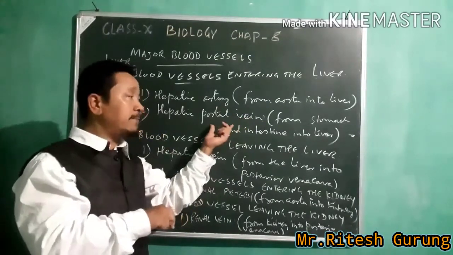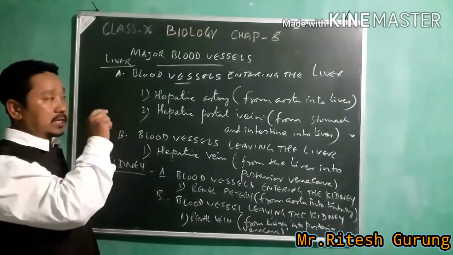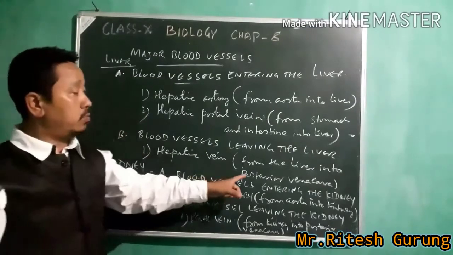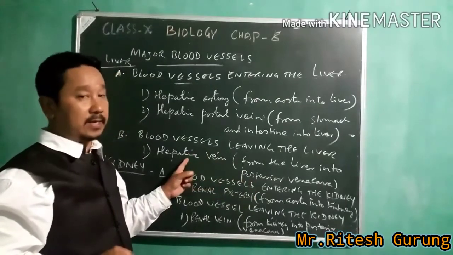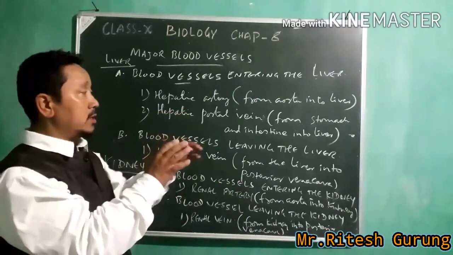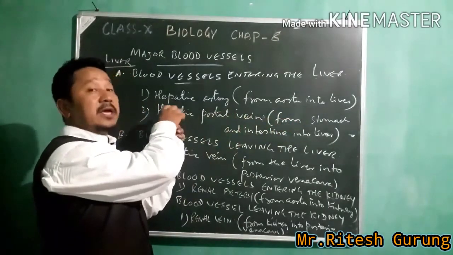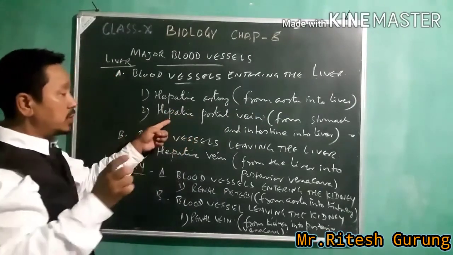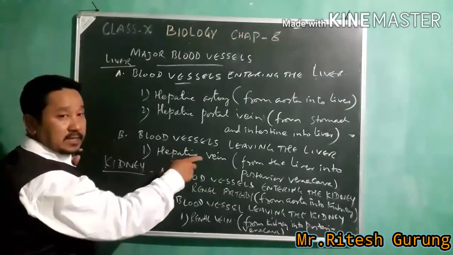Then only what happens? The impure blood, or the food-laden blood, will go to the posterior vena cava by this hepatic vein. That means the hepatic portal vein coming from the stomach goes to the hepat, or to the liver, and from the liver it goes to the posterior vena cava by this hepatic vein.